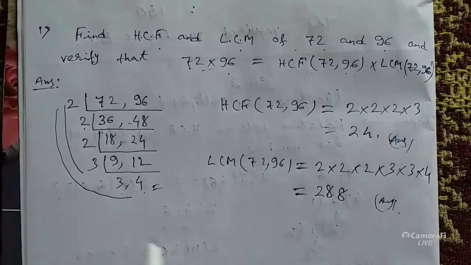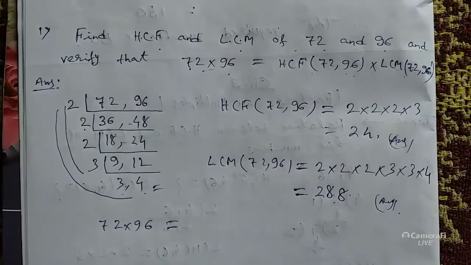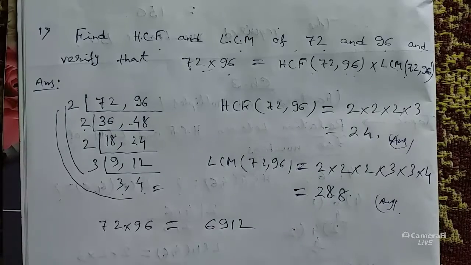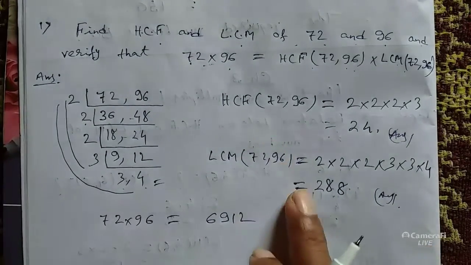Let us first find 72 into 96. If we multiply 72 and 96, we get 6912. Now HCF and LCM we already have.